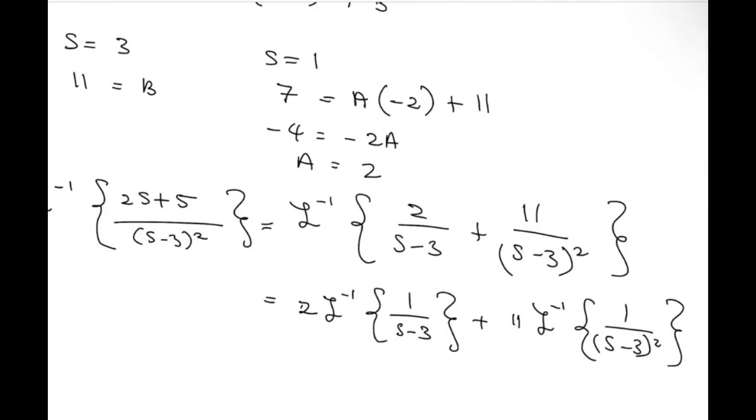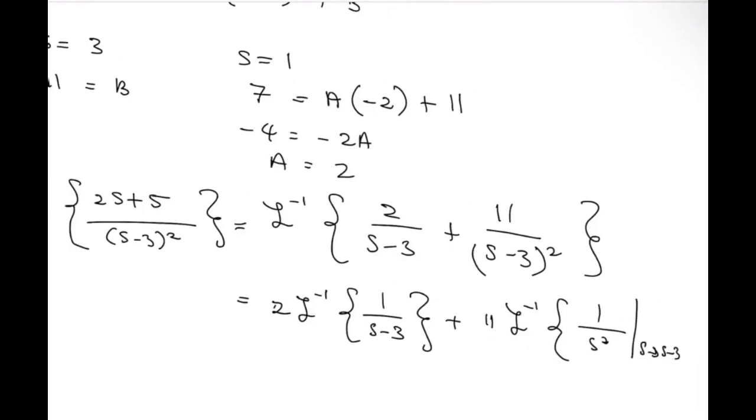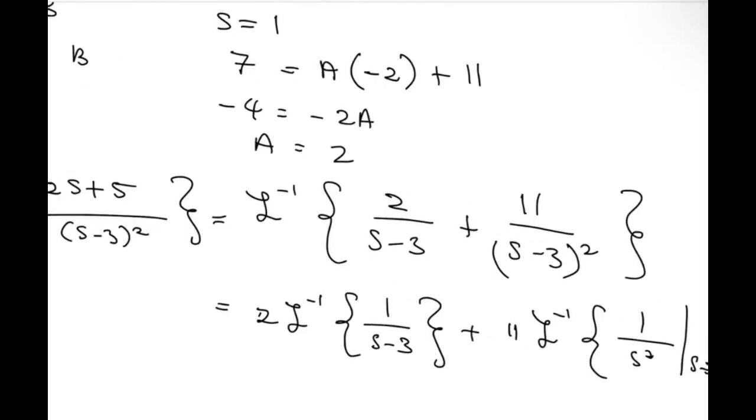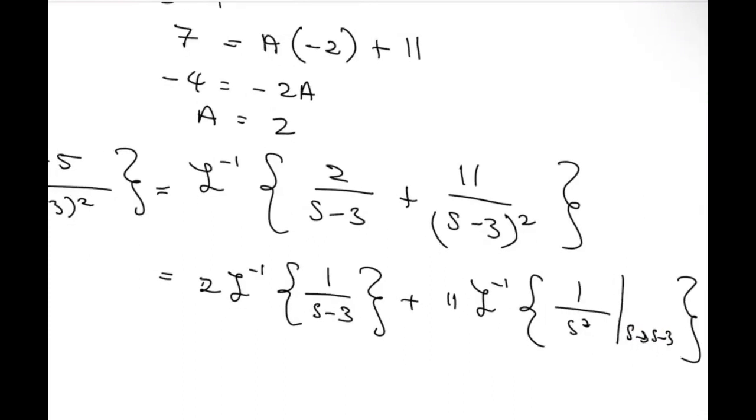Rather than write (s minus 3) squared, this one can also be written as 1 over s squared, where s is s minus 3. If I substitute s minus 3 here, I will get (s minus 3) squared.